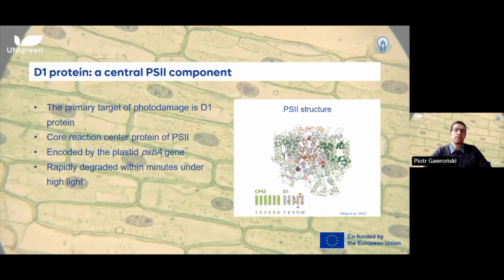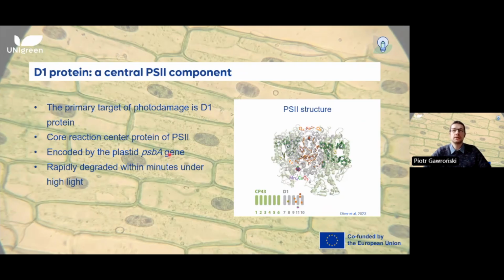The primary target of the PS2 photodamage is the D1 protein. D1 is a core reaction center protein located at the heart of the PS2, and notably it's encoded by the psbA gene, which is the plastid gene located in the chloroplast genome.